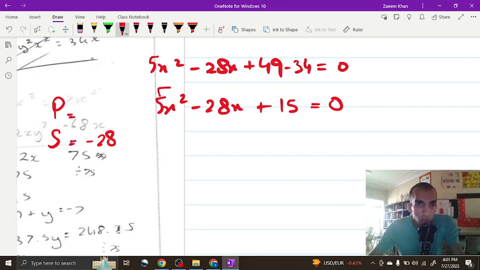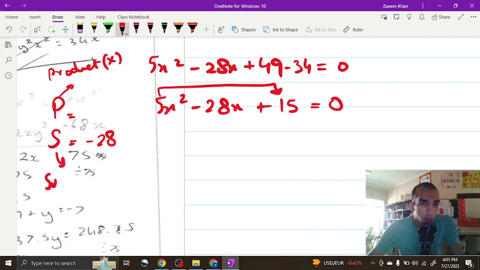It's usually these two numbers multiplied together, right? That's why it's called P. P stands for product. Product means multiplied. S stands for sum. Sum means add. You're adding two numbers which when added give you negative 28, right? But the product always comes from multiplying these two numbers together. So 15 into 5 is 75. Can you think of two numbers which when multiplied give you 75 and which when added give you negative 28?